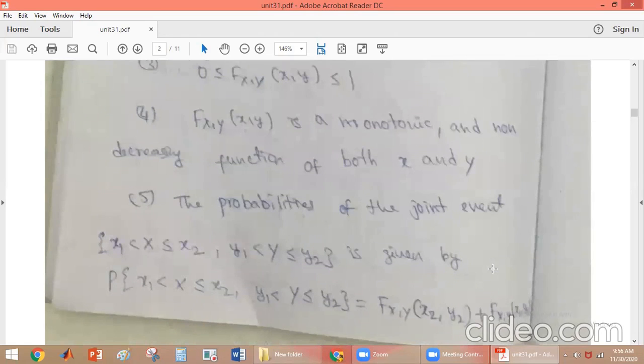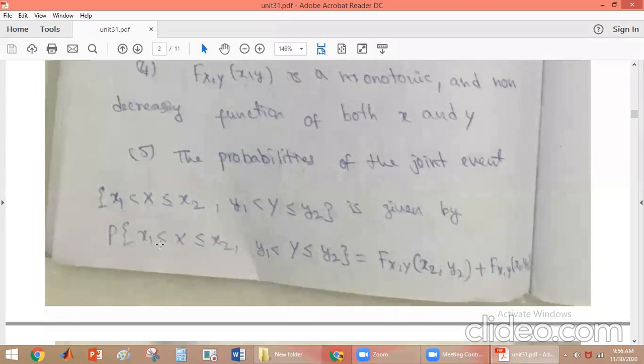Now the probability of the joint event x1 < X ≤ x2, y1 < Y ≤ y2 is given by the probability of x1 < X ≤ x2, y1 < Y ≤ y2, which is equal to what?